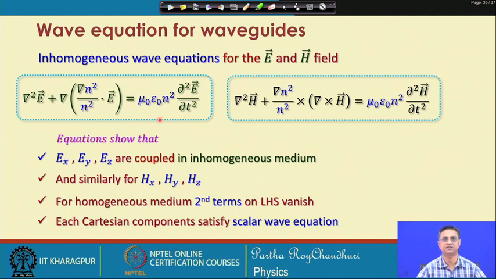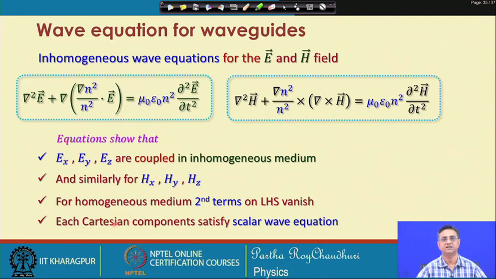But from these two equations, these are the observations, we can see that E x, E y, E z are coupled. In inhomogeneous medium, E x, E y, E z are coupled, and similarly H x, H y, H z are also coupled. For homogeneous medium, we have discussed that the second term of the LHS becomes 0, because there is no del n square, and the equation reduces to the wave equation for homogeneous medium.